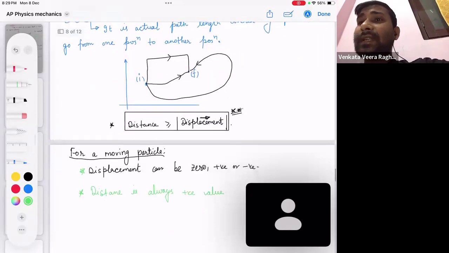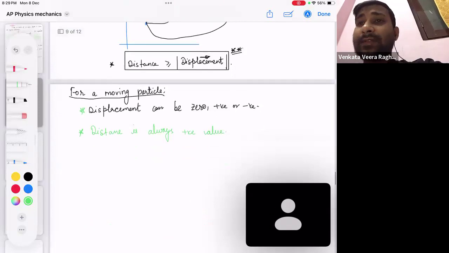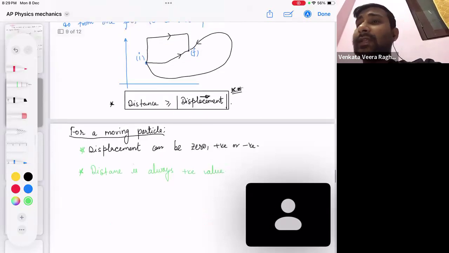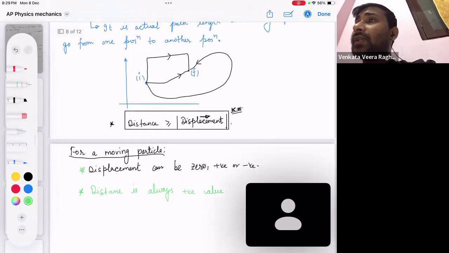Next, when I take some example, you will see I use displacement, distance, velocity and speed, all calculations simultaneously. In a single question we will calculate everything. Is that clear?